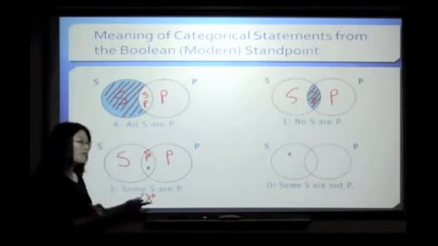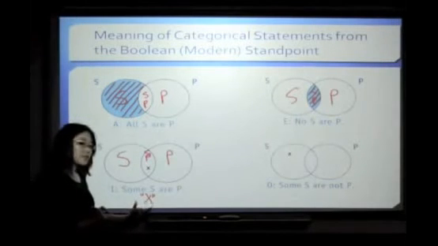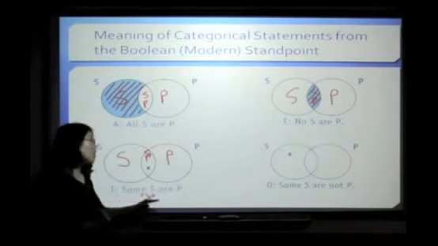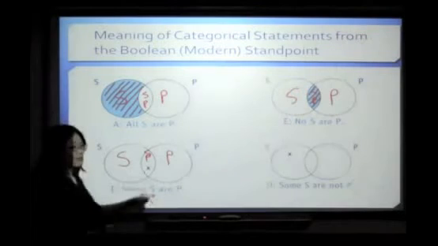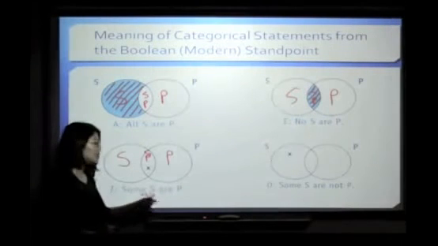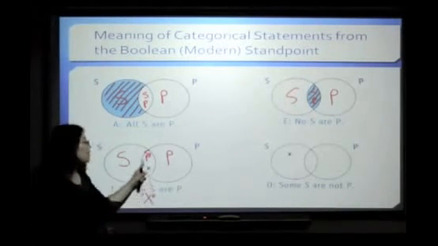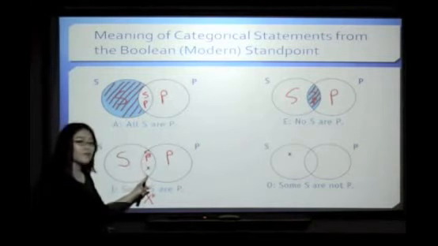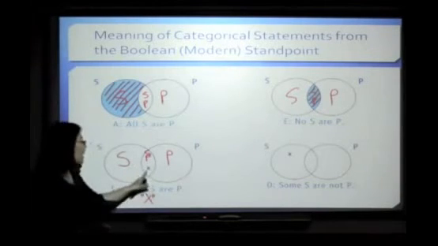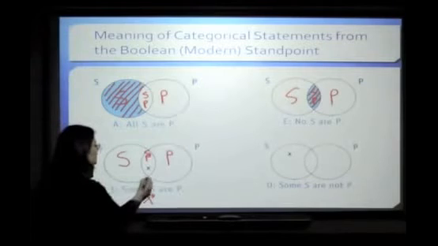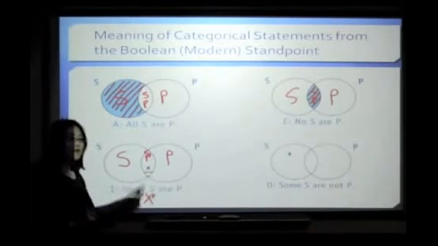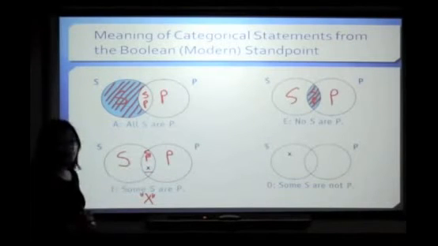Okay? Now, because the statement asserts that there's at least one thing that exists that's an S and a P, we put the X, that at least one thing that exists, in the area where the S and the P overlap. This tells us that that one thing that exists is both an S and a P.